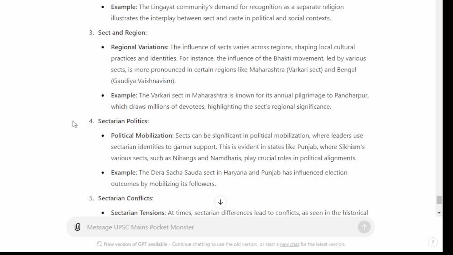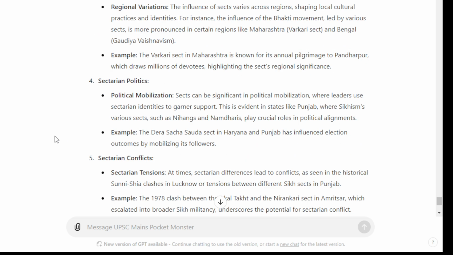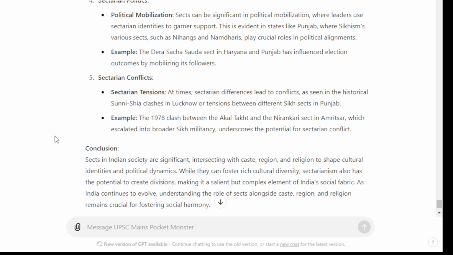Yeah, the Dera Sacha Sauda sect in Haryana and Punjab has influenced election outcomes by mobilizing its followers, and we have now seen so many of these Babas from different sects having some political inclinations. Alright, the sectarian conflicts.